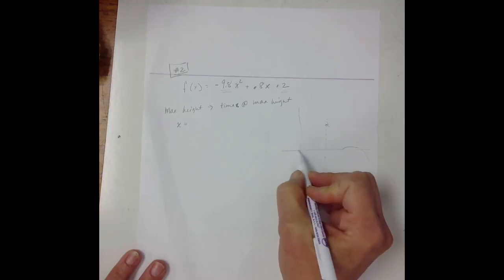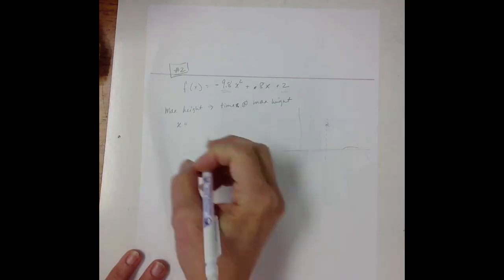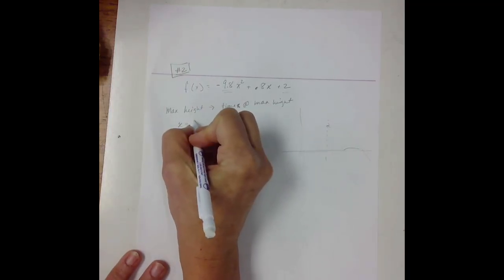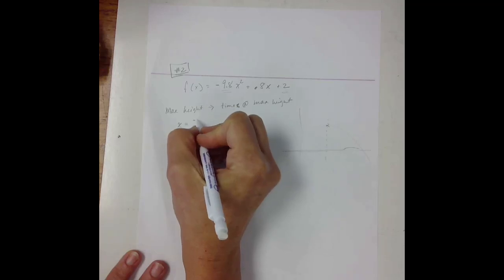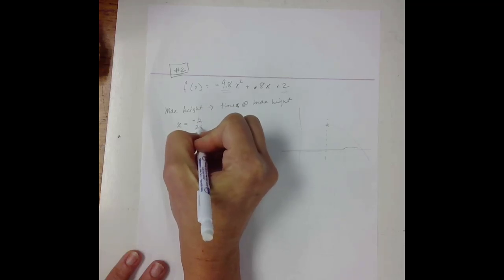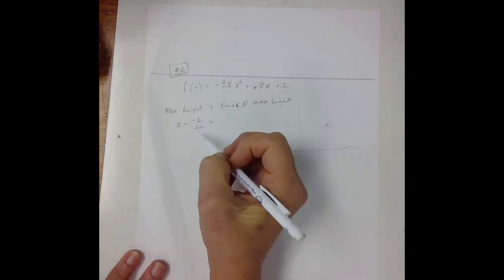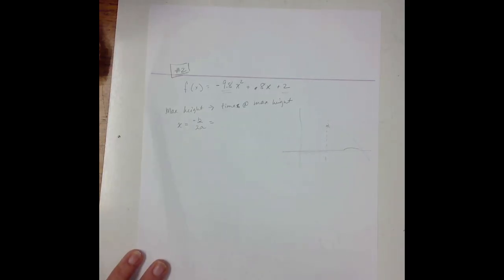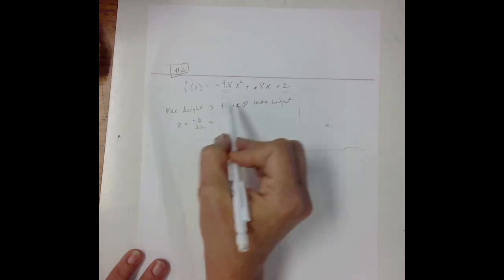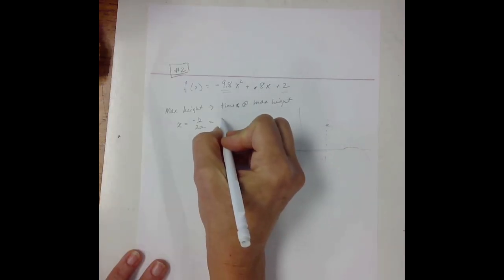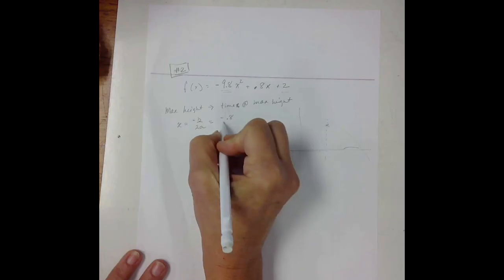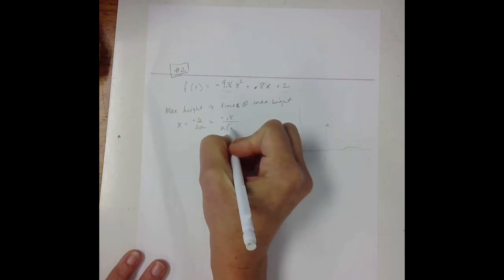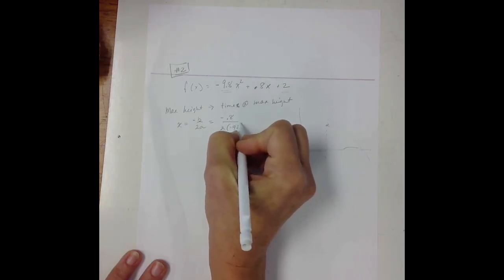So I know that if I can find my x, how far I go over on my time, then the formula for x is minus b over 2a. That's the formula we talked about at first when we did our parabolas. So I take my b value, minus 0.8, divided by 2 times a, negative 9.8.